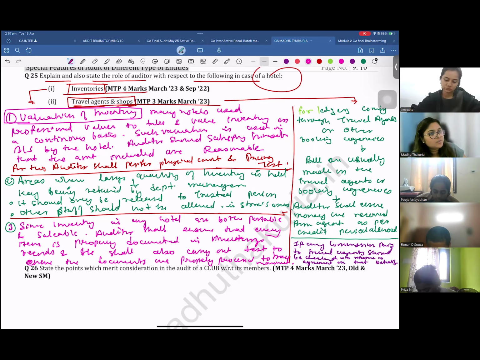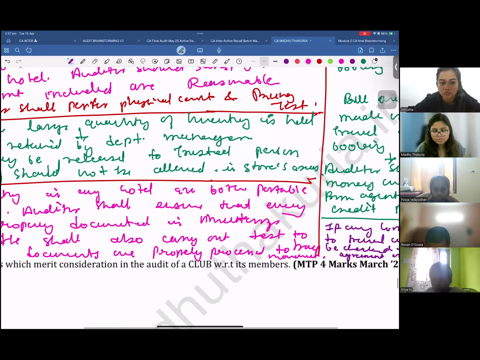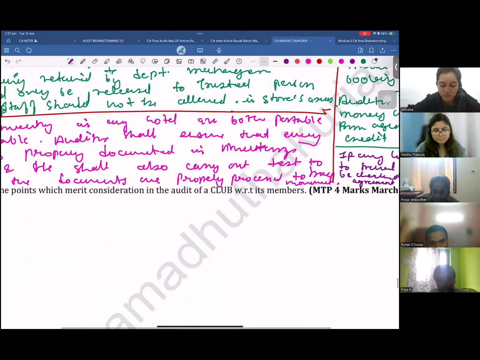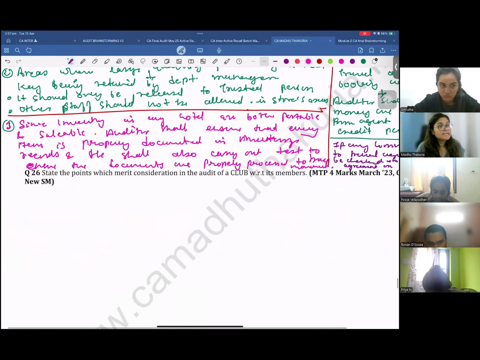It is so easy to steal the inventory of a hotel and sell it in the market. So for that, you will need to trace the movement of inventory from those documents. Do you want me to repeat the last point, guys?